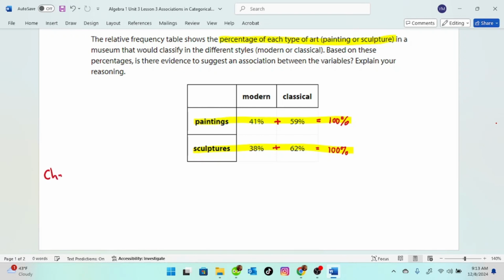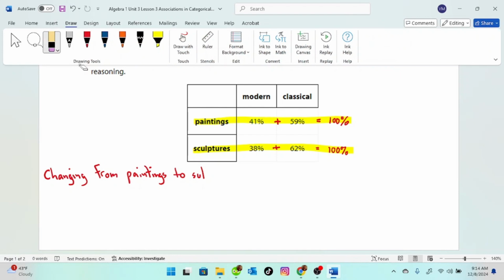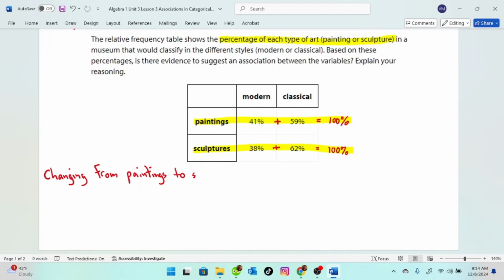Well, changing from paintings to sculptures only results in a 3% difference.